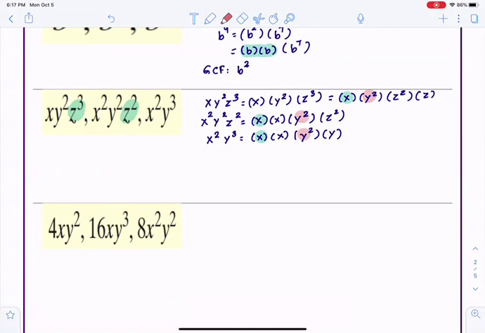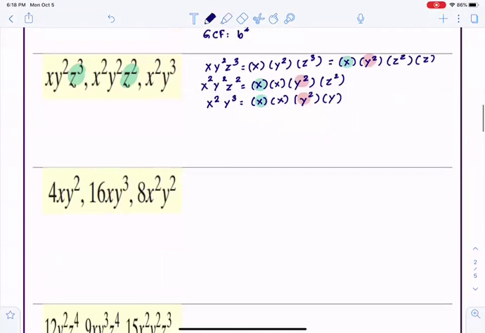I can't simply say y is a common factor because I have y squared, which is bigger than y in terms of the exponents. And lastly, you may say, well, I've got to put the z squared term or the z term. We cannot do that because the first two expressions have z squared in them, but the last one doesn't even have a z term. So the only things that we've found in common are x and y squared. So the greatest common factor is x y squared.